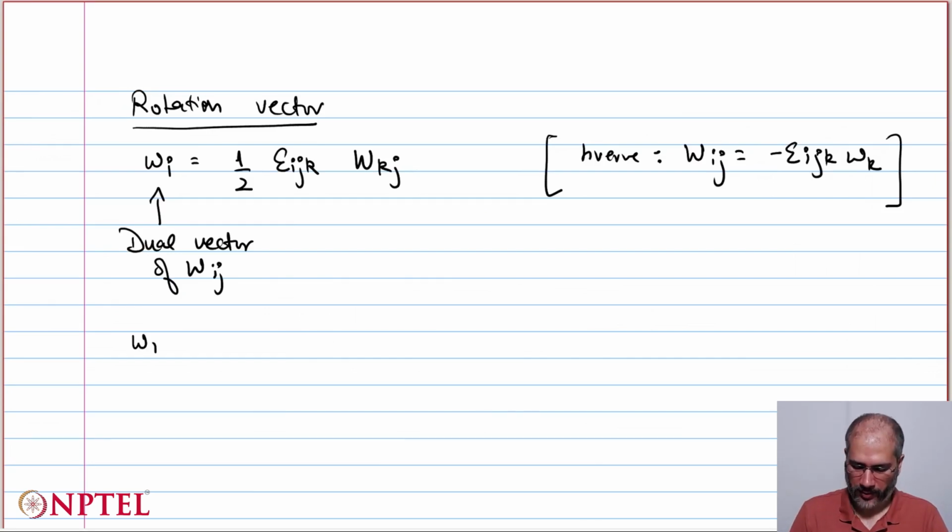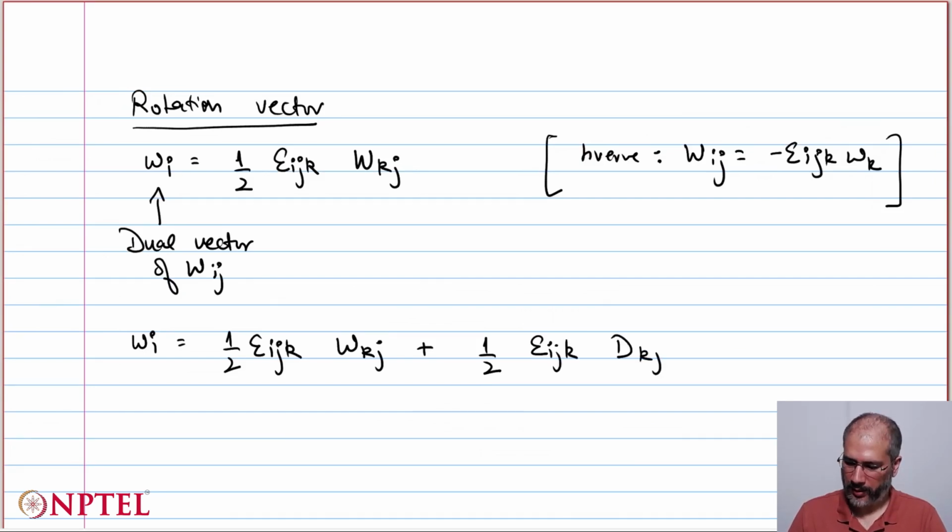So for our case, this w vector can be written as this, plus I add another quantity to it, which is epsilon_ijk times d_kj. But this quantity is 0 because d is symmetric and epsilon is skew symmetric.